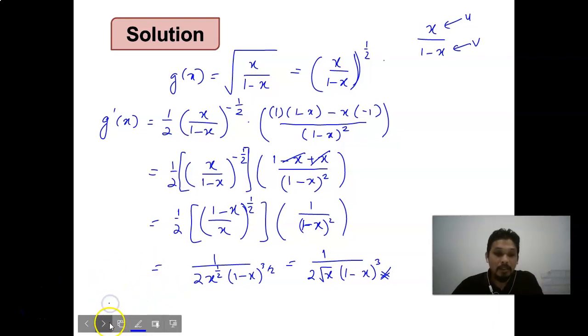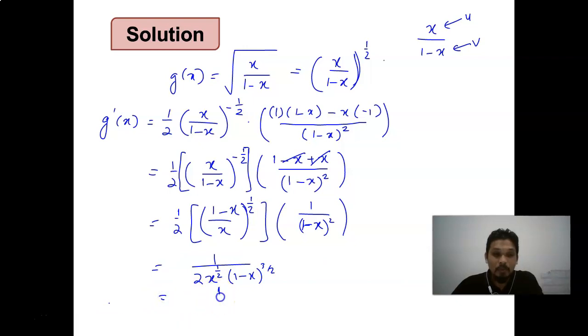Let me make a correction here. It's 1 divided by, take out 2 and then the bracket here, x to the power of half, and then (1 minus x) cubed. Because it's half and 3 over 2 is 3 times half, so take out a half outside here.